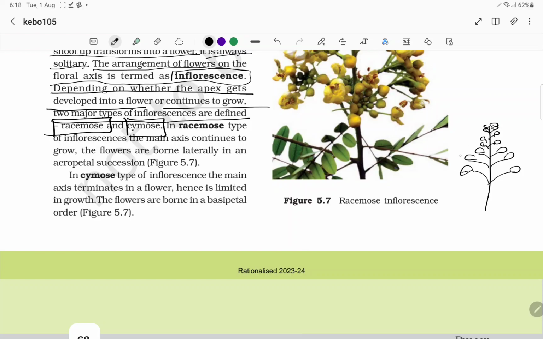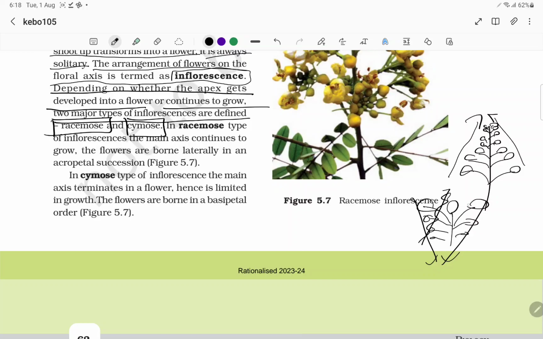Coming to racemose, this is acropetal arrangement, meaning towards the peak. And coming to cymose, first the apical part is transformed into a flower, and here we have the older flowers. You will have the reverse, which is basipetal arrangement.